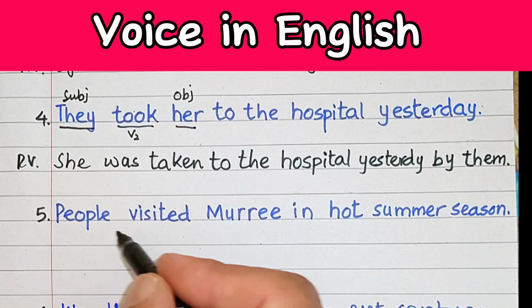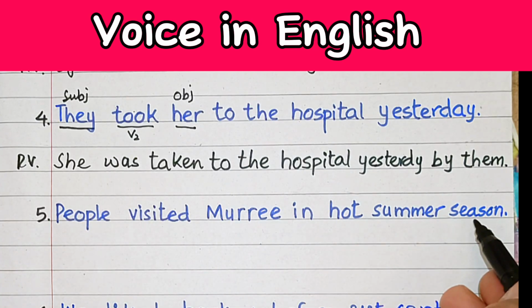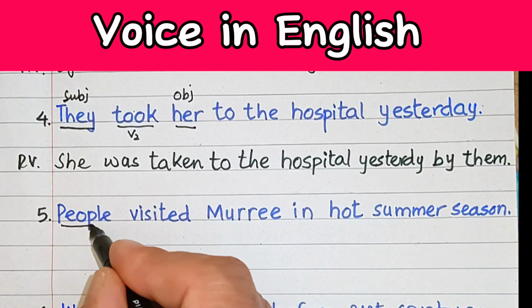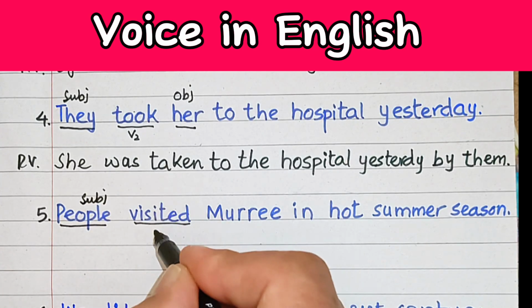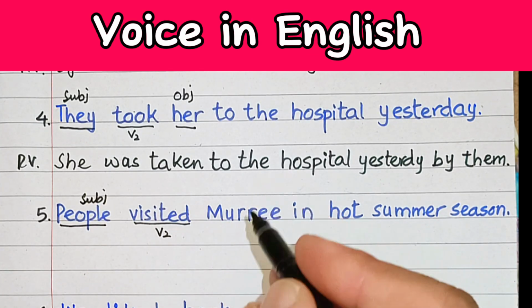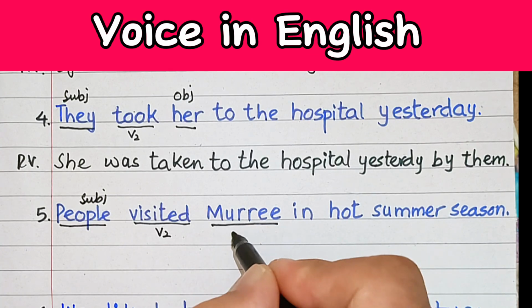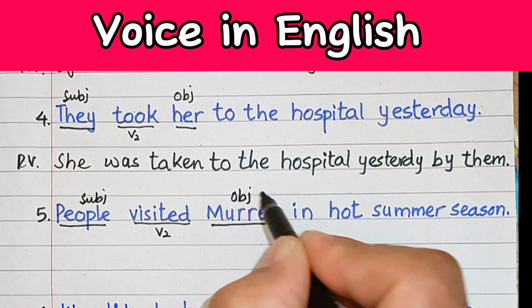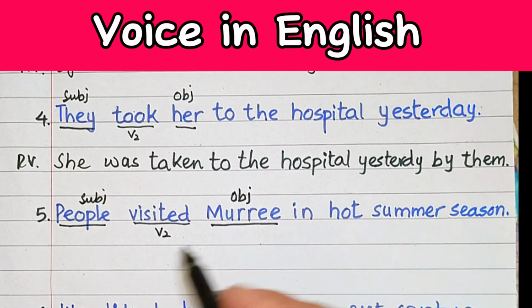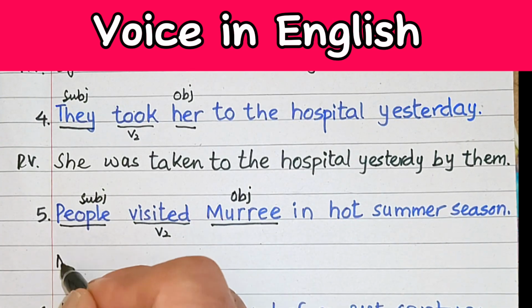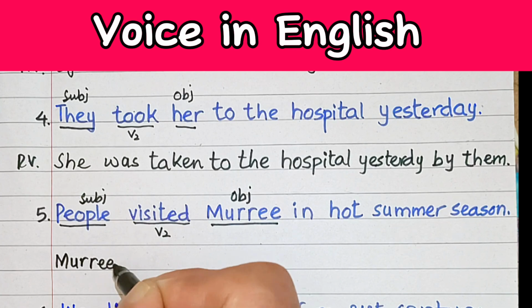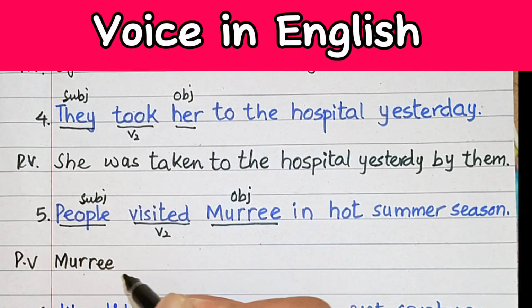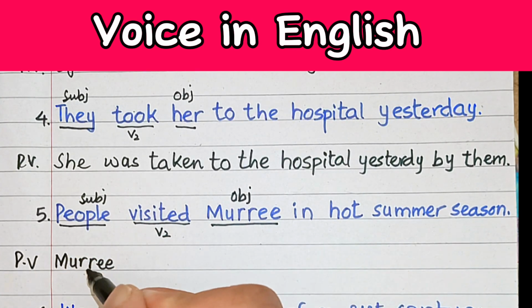Now number 5. People visited Murray in hot summer season. So over here again people is the subject. Visited is the verb, or it is V2 or past form of the verb. Where? This is the object, that is Murray in hot summer season. So Murray will be put in the beginning, as we know in passive voice structure, the object becomes the subject.